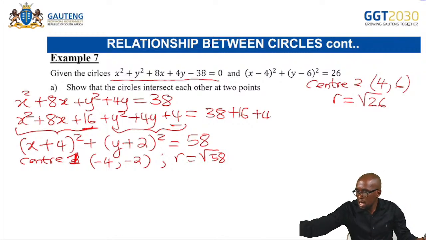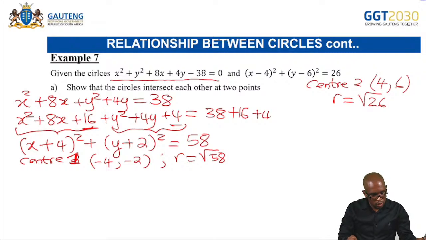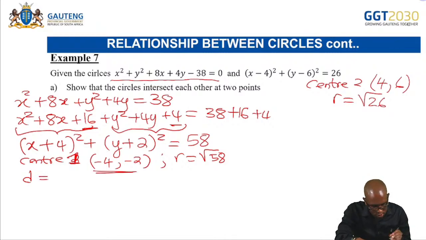Which means that now we can work out first the distance between the centers. What would D be in this case? D would be between these two centers, center 1 and center 2.